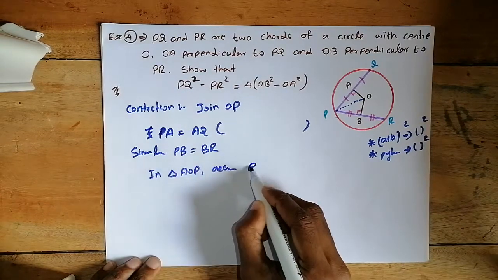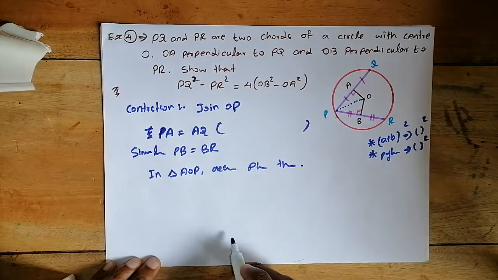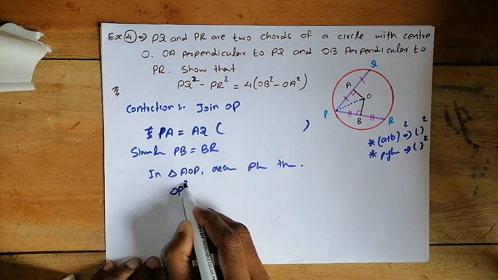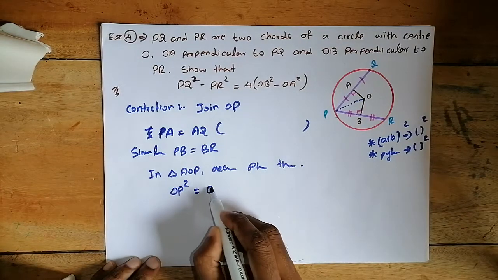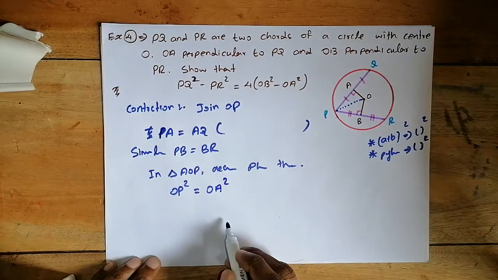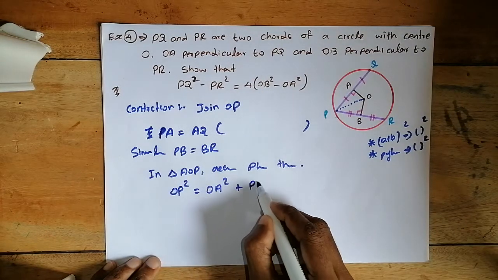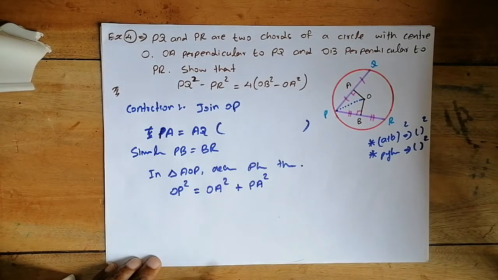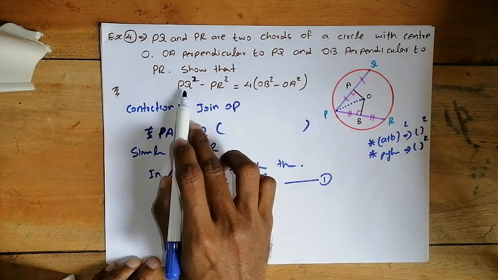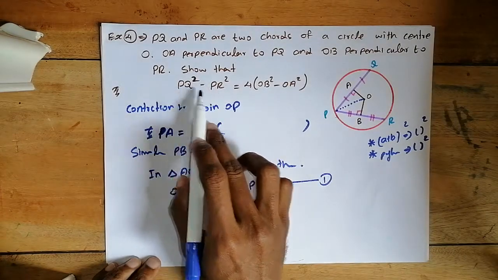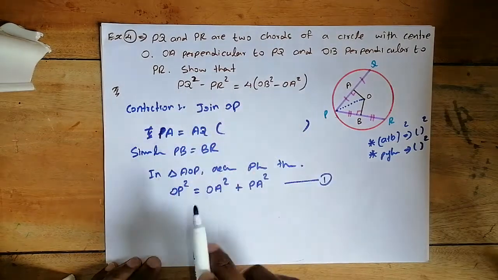according to Pythagoras theorem, OP squared equals OA squared plus PA squared. That is the first relationship we can have with the mentioned lengths.